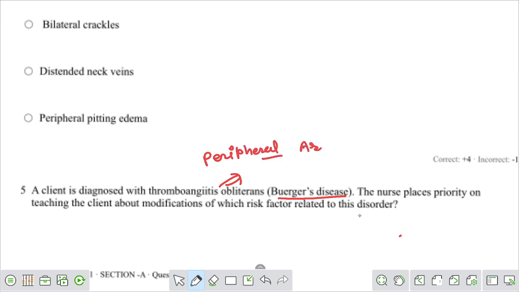This disease is caused when the patient smokes. Due to smoking, there is a contraction of small vessels. So the blood supply is interrupted due to narrowness of the lumen of these small vessels. So the risk factor for this disease is smoking.